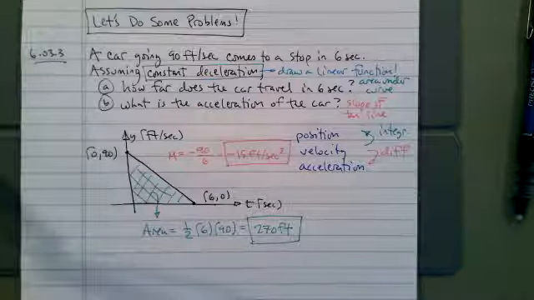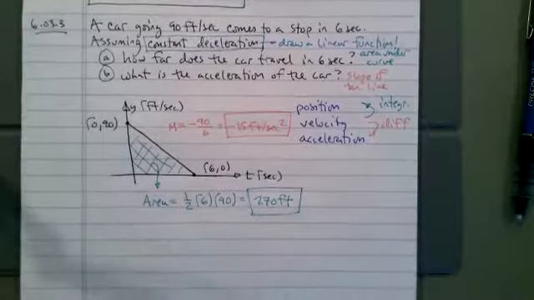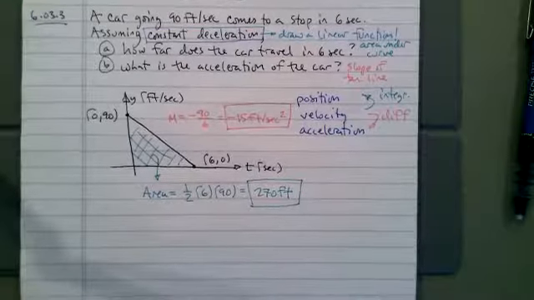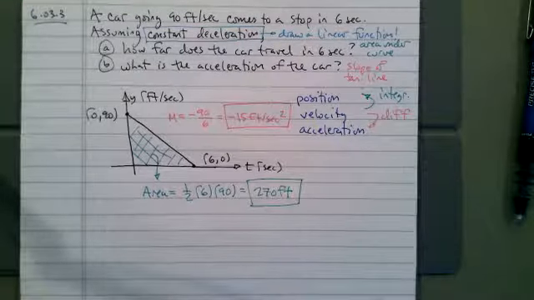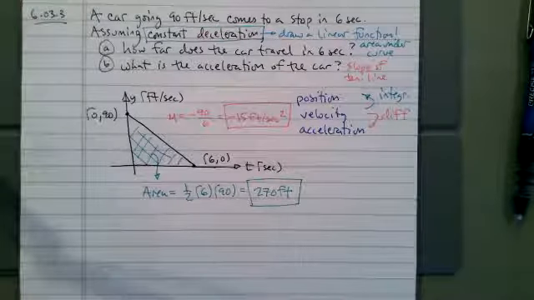So we can ask variations of this question. Normally, when we're looking at data from a car, we don't know that the car takes 6 seconds to come to a stop. Usually this is listed as a distance, the stopping distance.